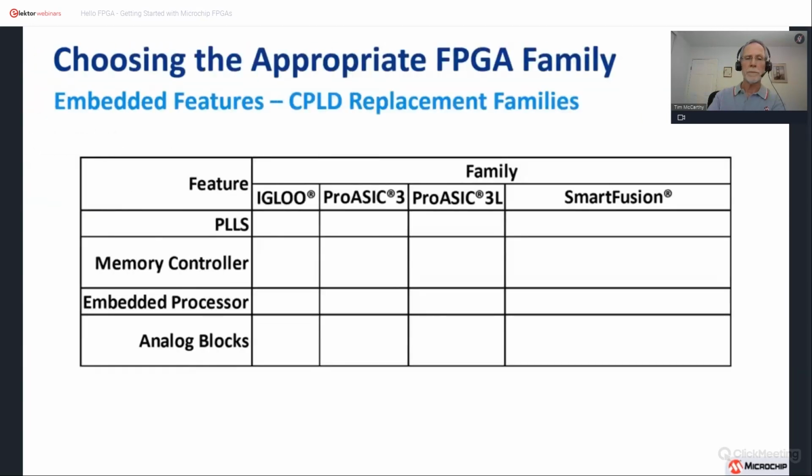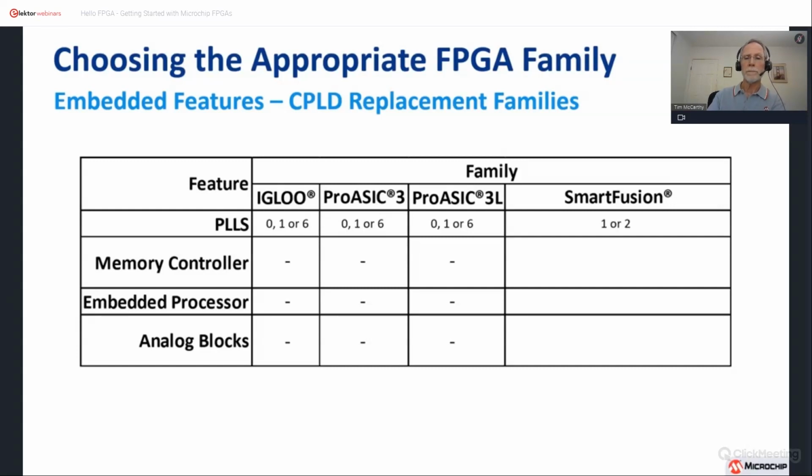This is a summary of the embedded features that are available in the CPLD replacement families. The Igloo, ProASIC 3, and ProASIC 3L families have 1 or 6 phase lock loops for clock frequency synthesis. The smallest members of these families don't have a PLL. The Igloo, ProASIC 3, and ProASIC 3L families don't have any other embedded features.